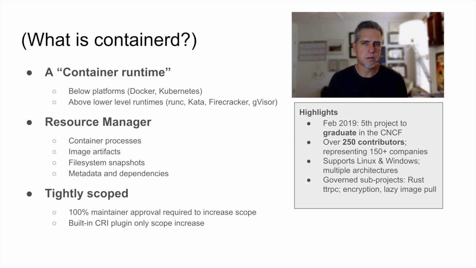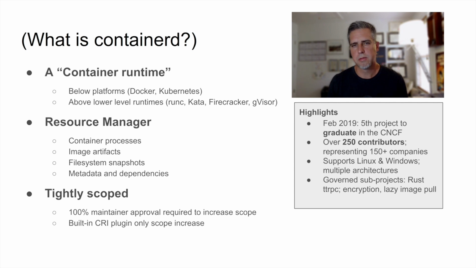All these resources have some metadata, they've got dependencies, they have namespaces and other ways to administratively separate them. And so Containerd again handles these for you. And when Derek comes back, you'll see this in an architectural diagram that hopefully helps you see how it all fits together.